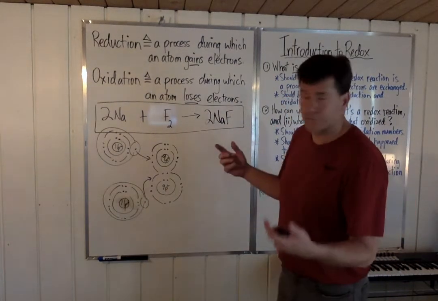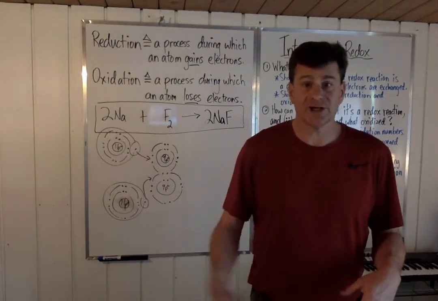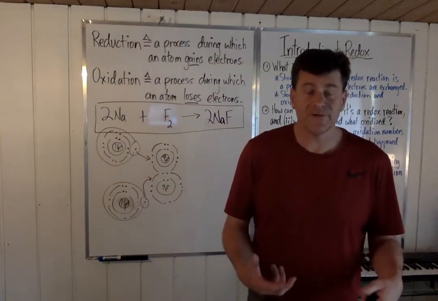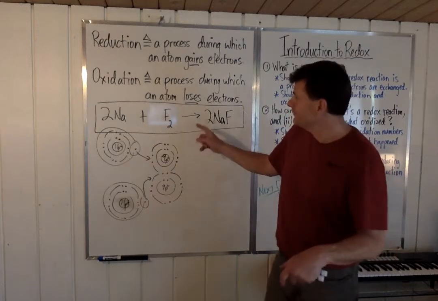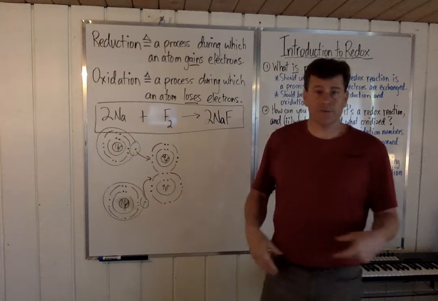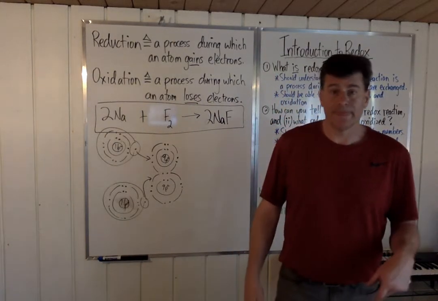Of course, if you reverse this, if you took sodium fluorides and you made this reaction go in the opposite direction, which can happen if you actually heat it up enough, you can actually decompose that thing. The sodium will pick up the electrons again, and the fluorine will lose those electrons again, and they'll go back to their original form. Okay?